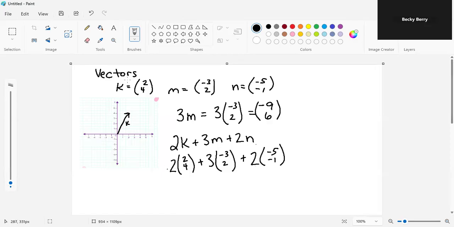We're going to multiply that 2 by both the top and the bottom numbers. Then we're going to keep the addition and multiply that 3 by both the top and the bottom numbers. Keep this addition, multiply the 2 by both the top and the bottom numbers.